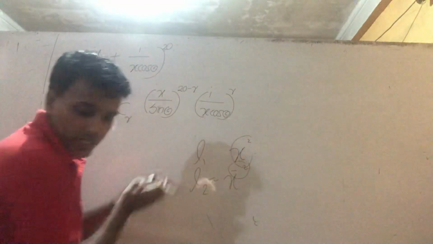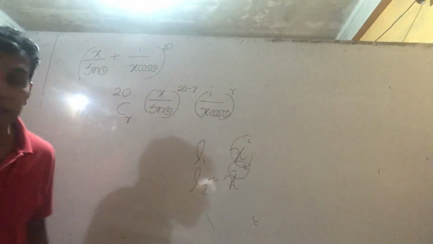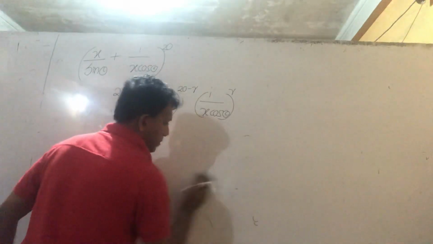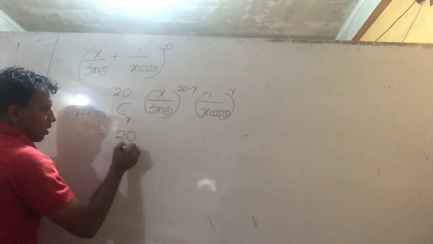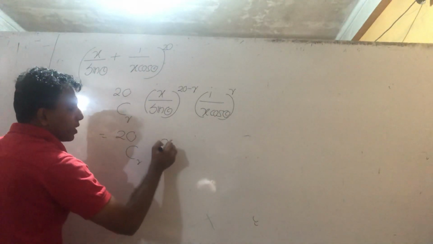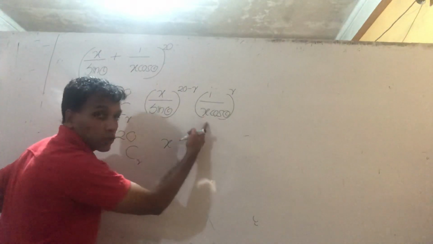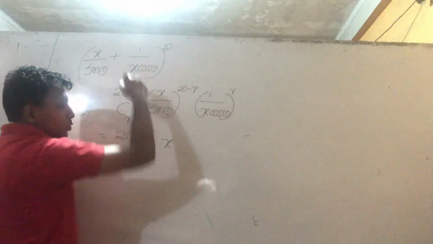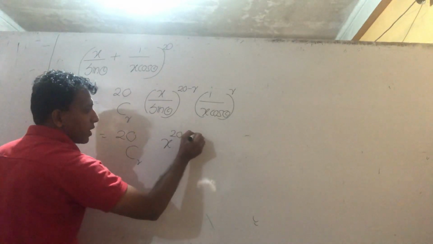Now simplify this. How many x to the power do you get there? If I simplify, 20 C r, x to the power 20 minus r, and below, x to the power r. If you take the total, what happened? 20 minus 2r, is it?